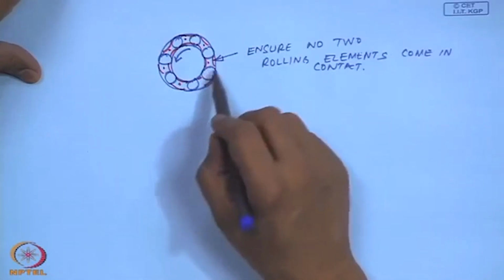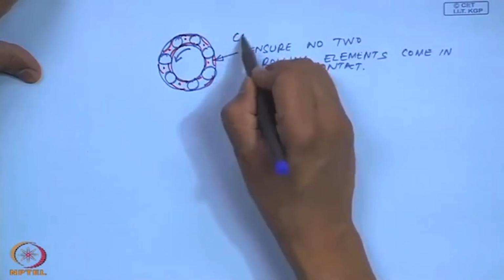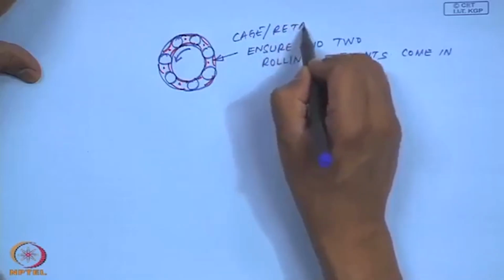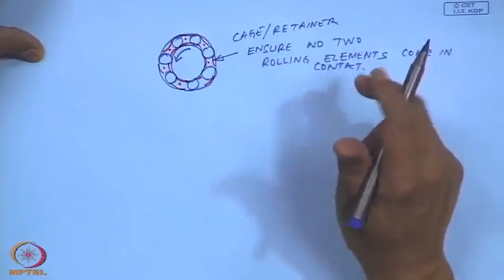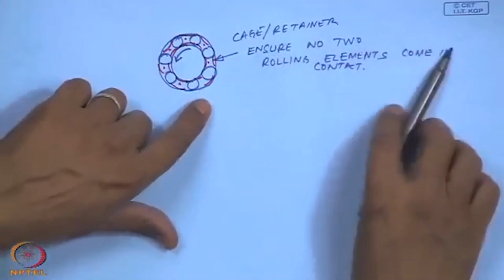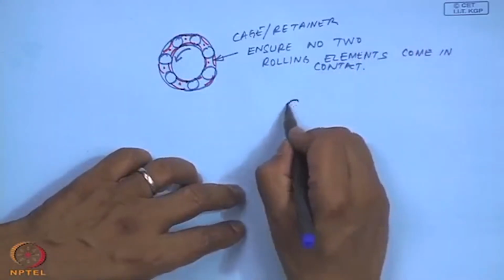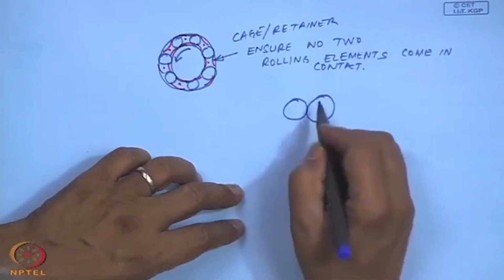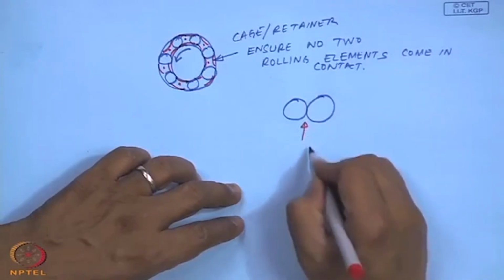If these retainers were not there, or the cage, known as the cage or the retainer, if this cage or retainer was not present, what would happen is these two rolling elements would come in contact with each other, and that happens if there are two balls spinning at high speeds and come in contact with each other, there will be a lot of wear.